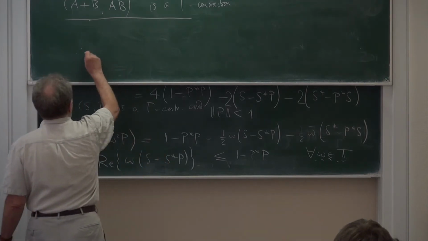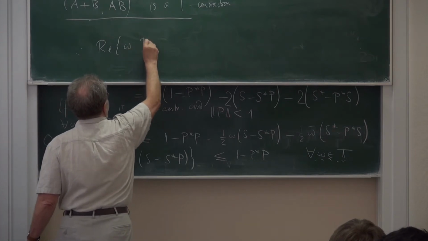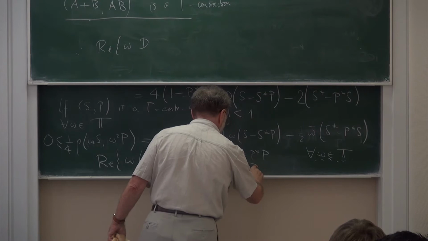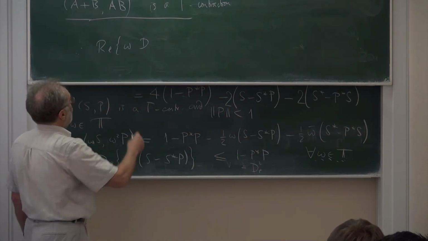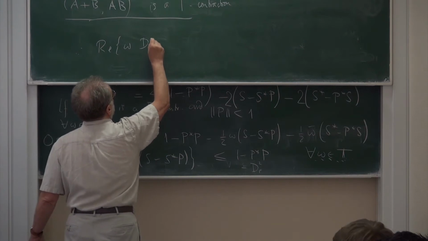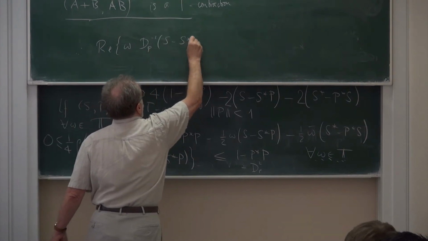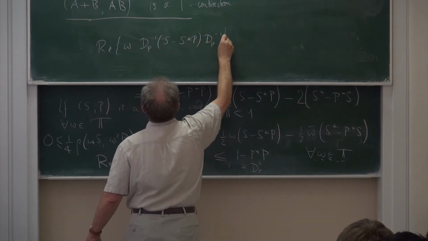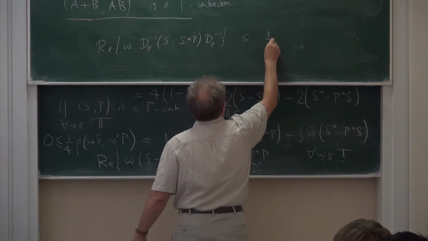And so I get the real part of omega. So this is d sub p squared here, of course. So I multiply on the left by d sub p inverse. And that's less than or equal to 1.